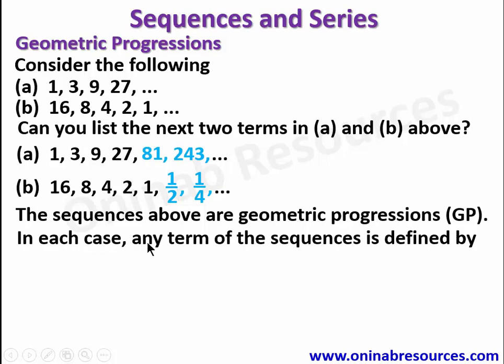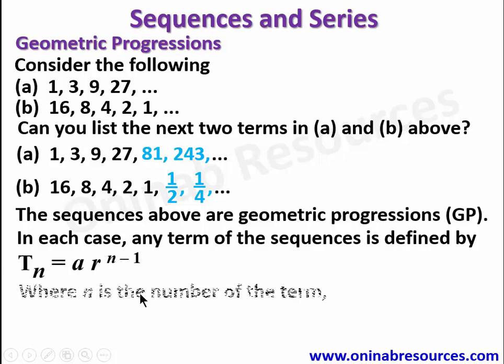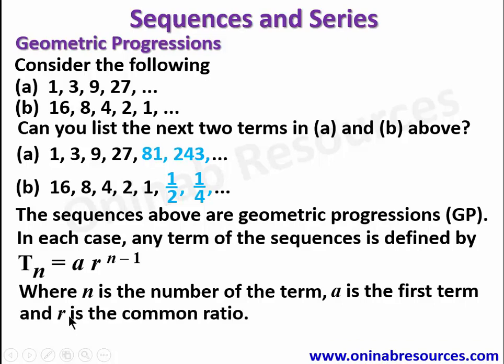In each case, any term of the sequence is defined by Tn equals a r raised to power n minus 1, where n is the number of the term, a is the first term, and r is the common ratio. The common ratio is the particular constant by which we multiply the preceding term to get the next term.